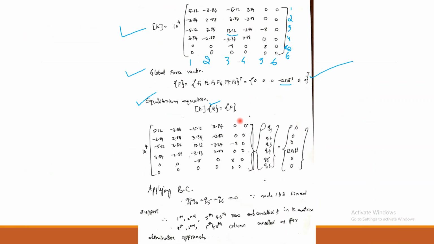So what should I do? I should eliminate the terms related to q1, q2, q5, q6. All displacements are 0 since nodes 1 and 3 are fixed.